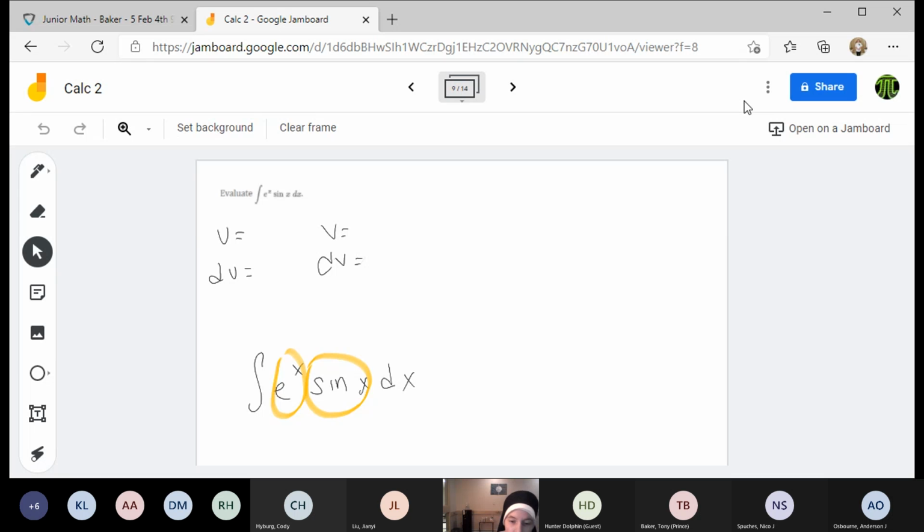So in this case, sine x is my u, and my dv will be e to the x dx. So then the derivative of sine of x is cosine of x. And the integral of e to the x is just e to the x.